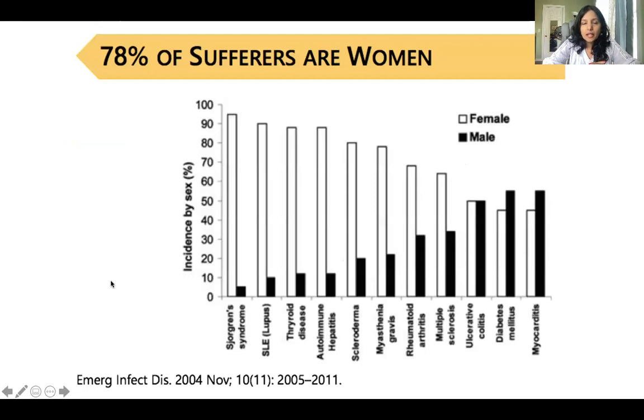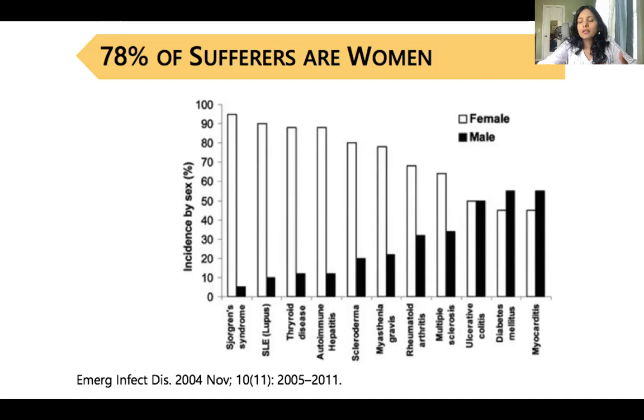The other interesting thing about autoimmune disease that I wanted to share was that 78% of people suffering from autoimmune diseases are women. Now, this is an important statistic because women, when they have all these chronic symptoms, tend not to go to the doctor, much more than men.